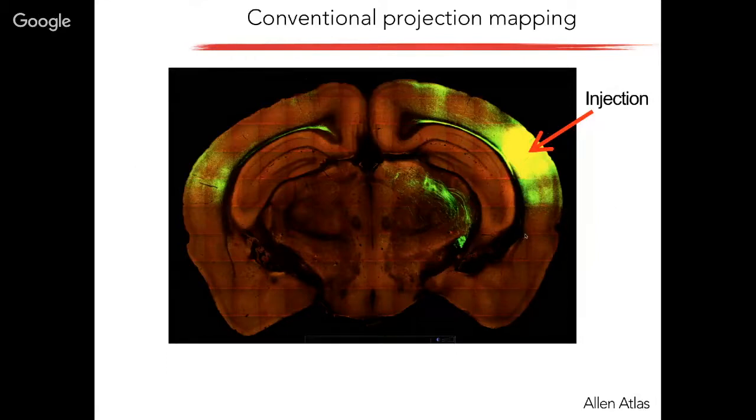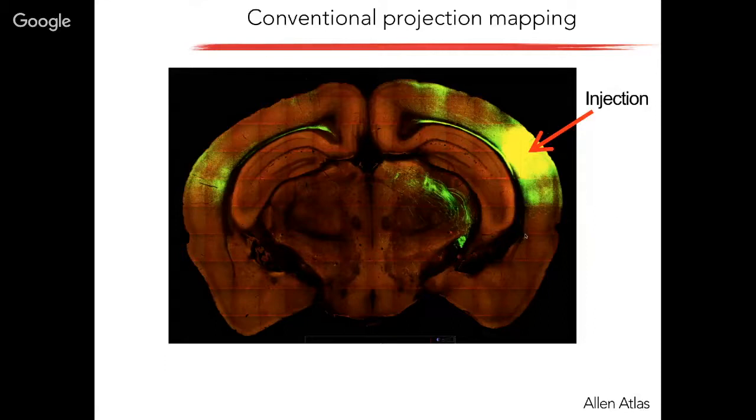And then you can look throughout the brain, and anywhere you see green, you know that the neurons that you've injected send a projection. They did this systematically, one injection per mouse, localized as far as they could to a single brain area. Then for each of those 1,000+ mice that they injected, they sliced the brain, took pictures, and put the pictures up online. It's been an incredibly useful resource to all of us who work on this system.